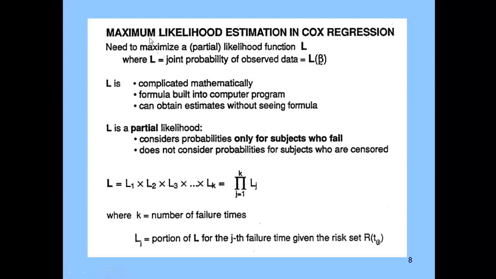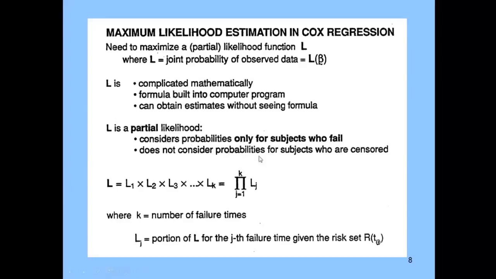It's a complicated formula. It's built into the computer program that you use. The computer program is PH-Reg, and you can get the program to give you the estimates without ever seeing what this likelihood formula is. Now, I'm going to say a few things, even though you don't really care about the details. The formula is actually called a partial likelihood.